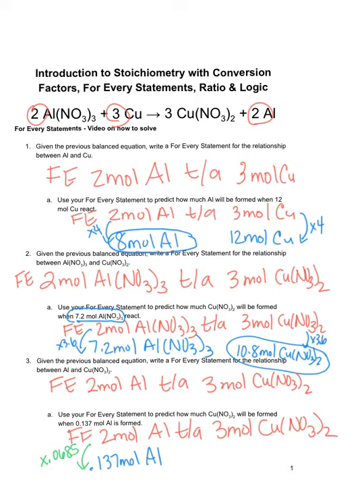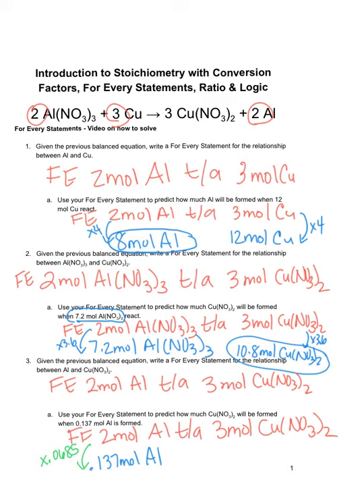So how did I figure that out? I said what number times 2 will give me 0.137, and so basically I took the 0.137, I divided by 2, and that's where I got my 0.0685.